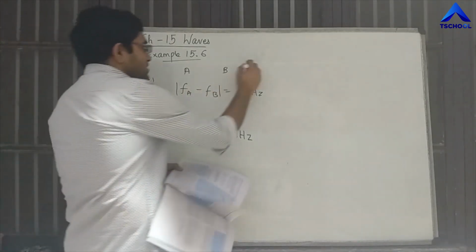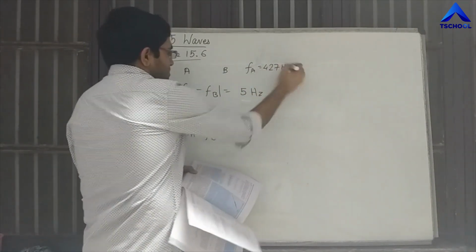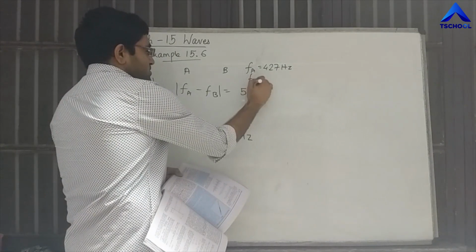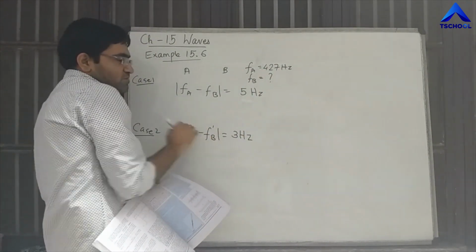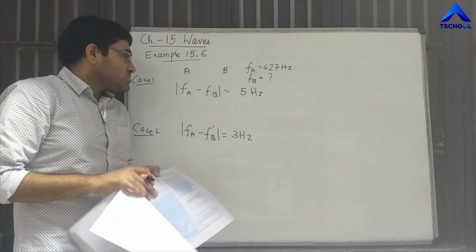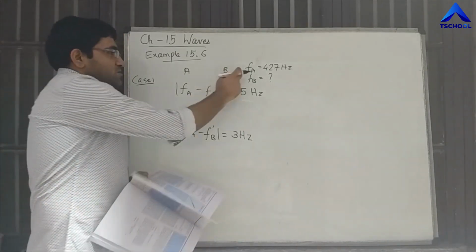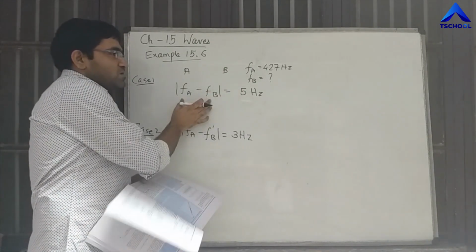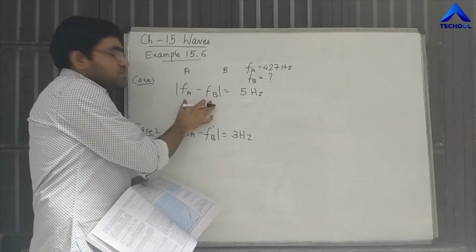So we are given that the frequency of A is 427 Hz. And we have to find out the original frequency of B, provided that the new frequency is FB dash, the old one was FB. Now, the way to go about this problem is, we know that FA is 427 and the difference is 5.